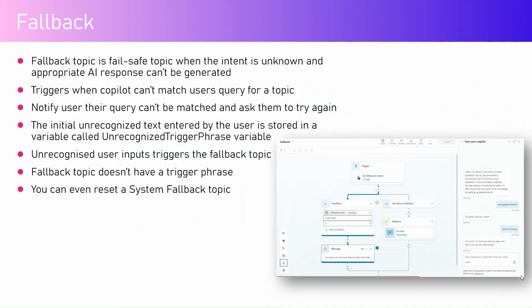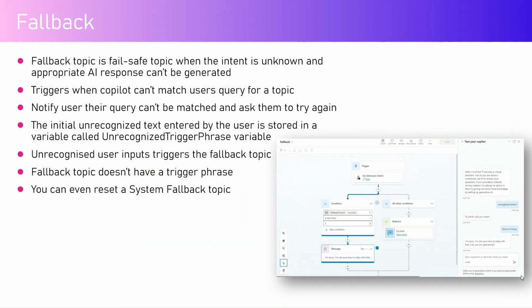Fallback topic. Now, the fallback topic is basically a fail-safe topic when the intent is unknown. As we have seen, with the conversational boosting topic the intent is unknown, whereby it uses artificial intelligence to interpret what the user said. Similarly, the fallback topic is a fail-safe topic when the intent is unknown and an appropriate AI response cannot be generated. This is the last resort.